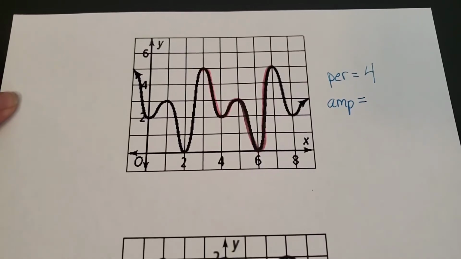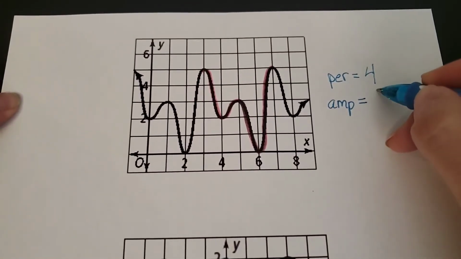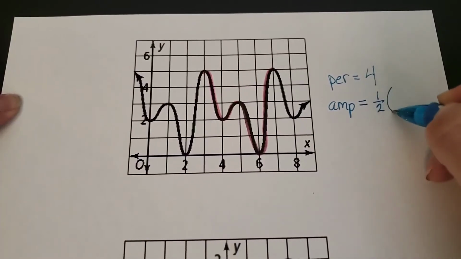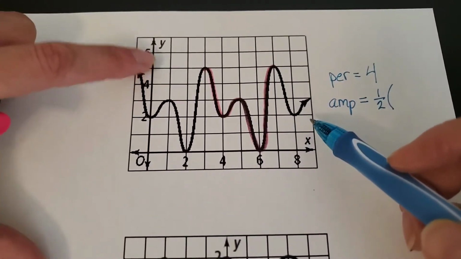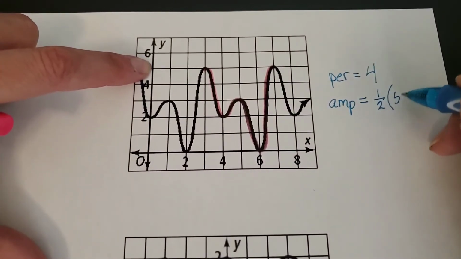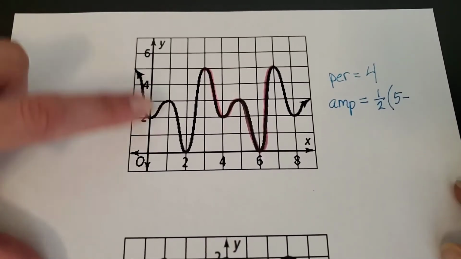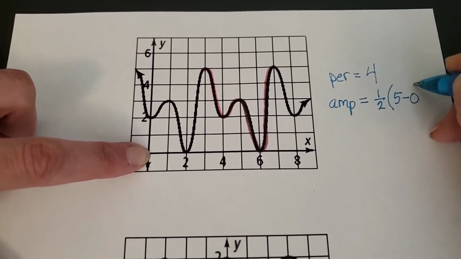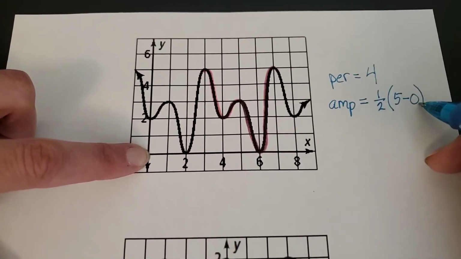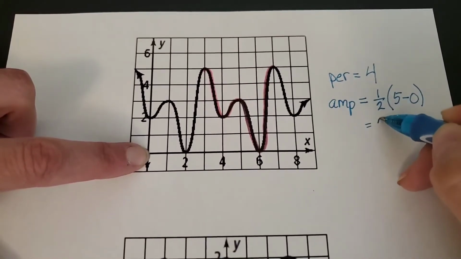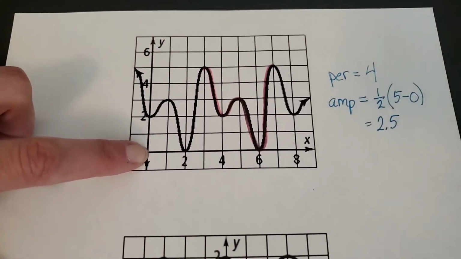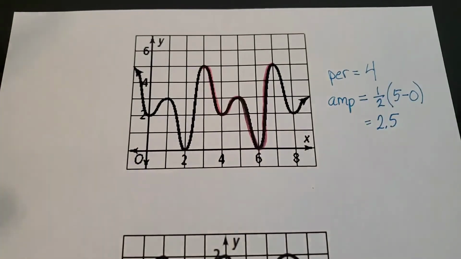So amplitude we can do visually, or we can use that formula. Let's try that little formula. Half of the maximum, let's see what the maximum is, 5, minus the minimum 0. So 5 minus 0 is 5. Half of that is 2.5. So the amplitude is 2.5.